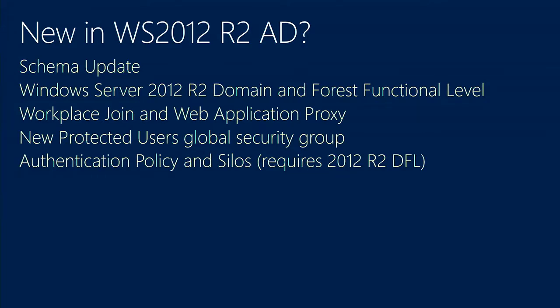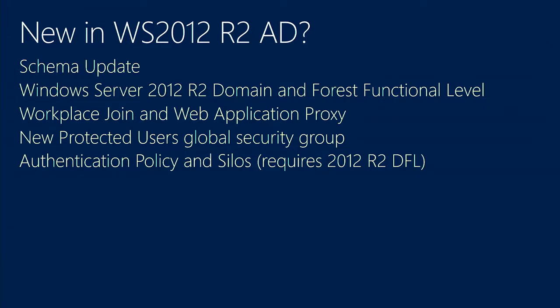So what is new? Obviously, as is typical with each server operating system release, we get a new AD schema. And we introduced new functional levels of 2012 R2. In terms of what's linked to those functional levels, not a great deal.